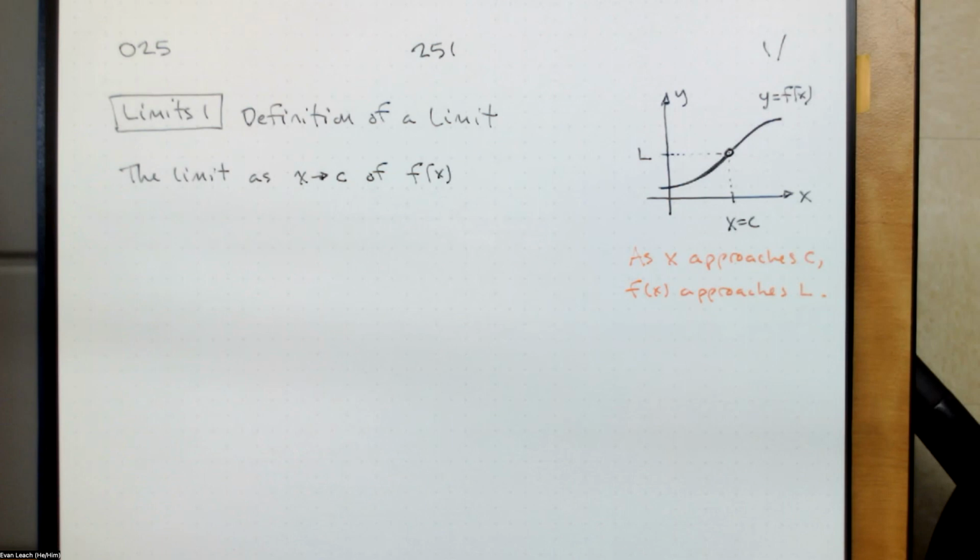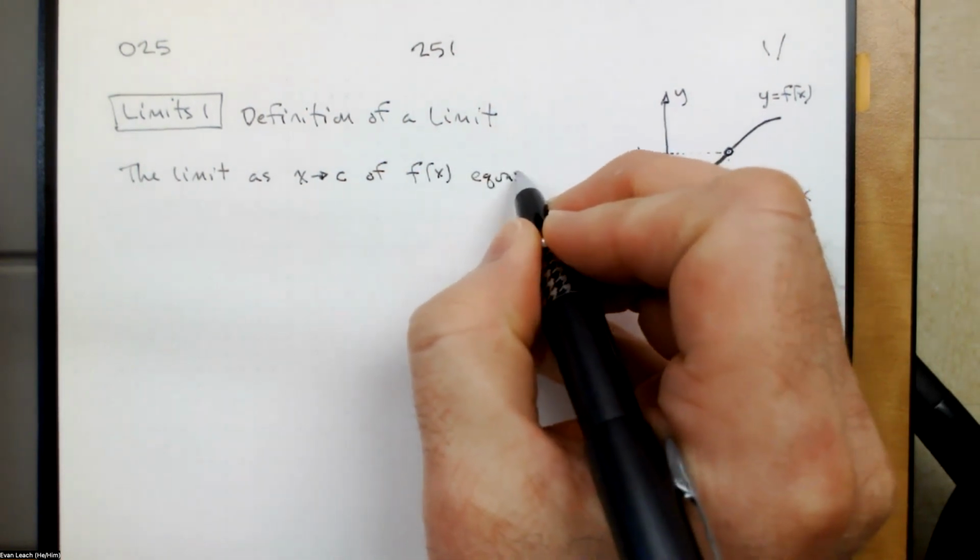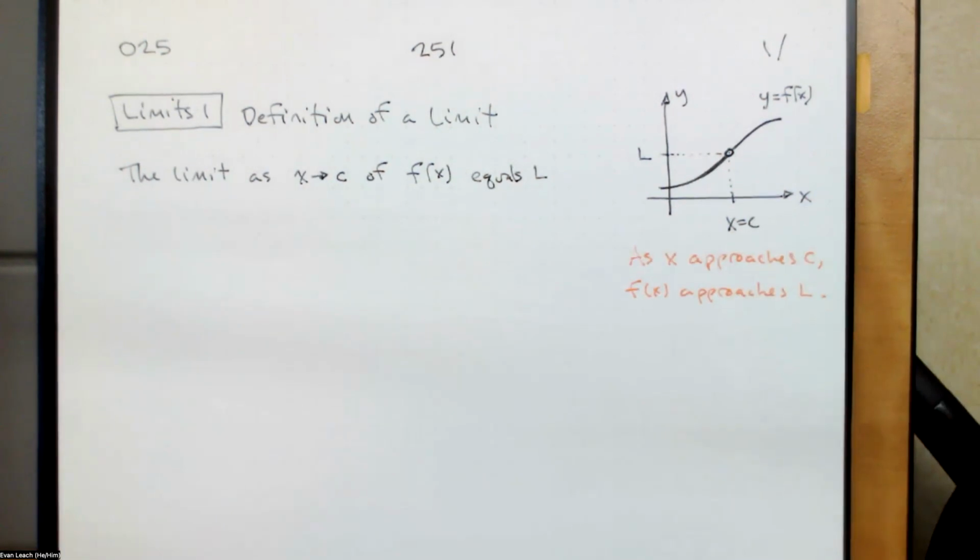What we are saying is that the limit as x approaches c of f of x equals L. We mean as x approaches c, f of x is approaching L. That's just our intuition about what this statement means.